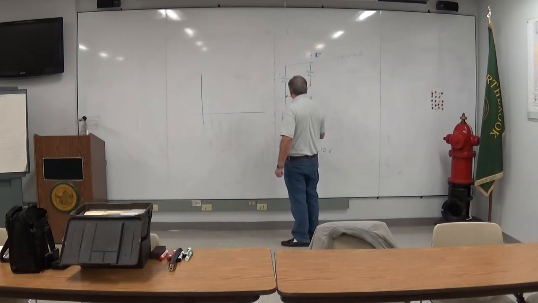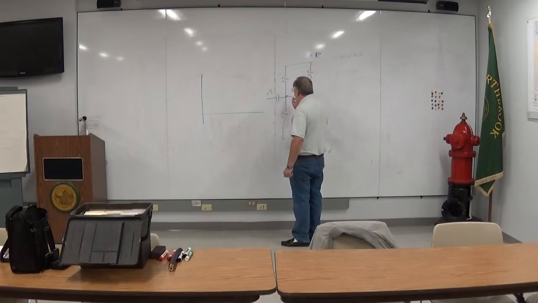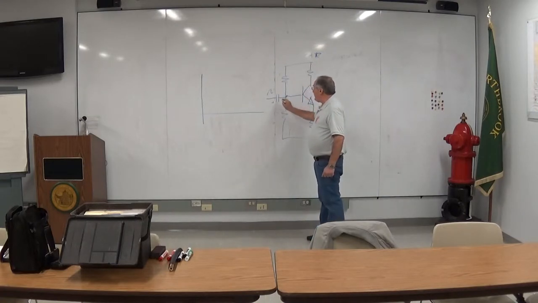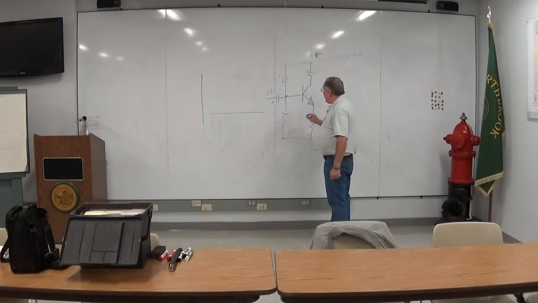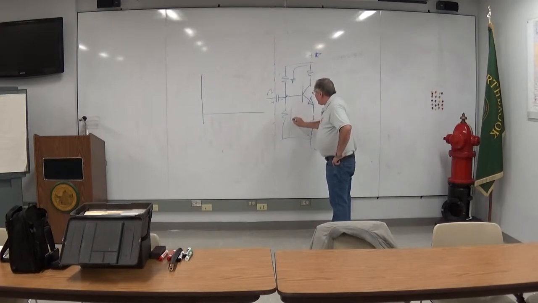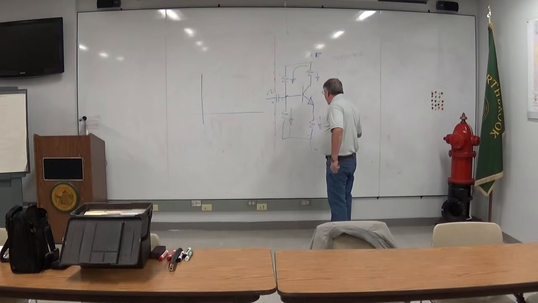And you can use a capacitor to couple in your signal so that the AC components will go through and the DC components will be blocked. And what's going to happen normally is you're going to get some current to flow here, and some current to flow here, and some current to flow here, and some current to flow here.